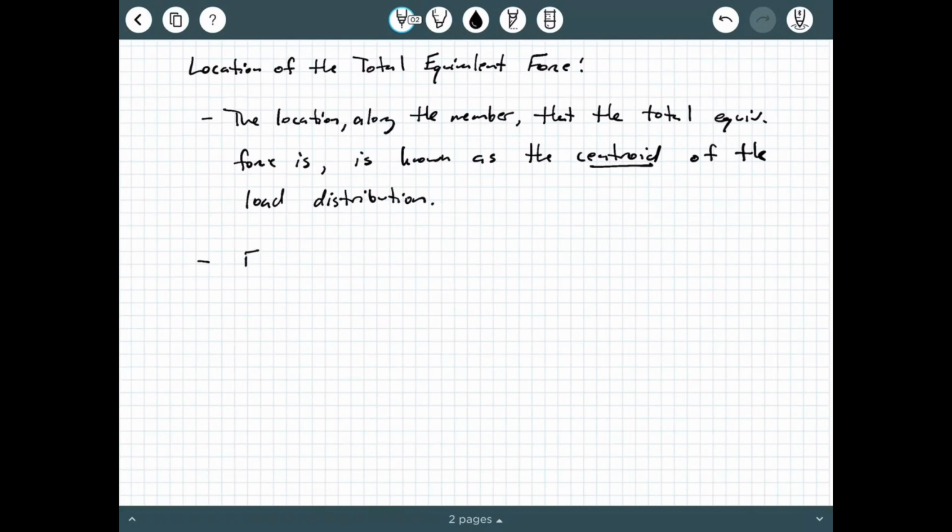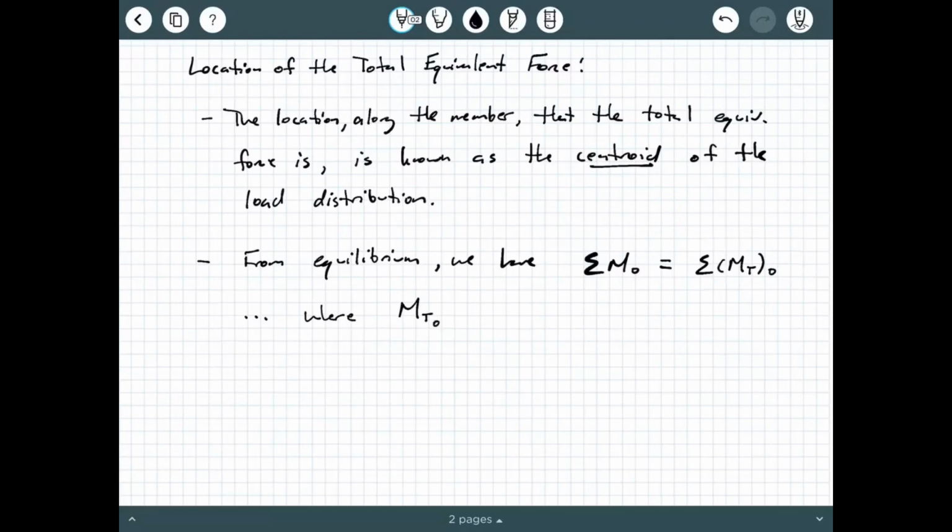So here's how we do that. We're going to say from equilibrium, we have the following: the sum of the moments about point O equals the total moment also about point O, where M sub T sub O is the moment due to the total equivalent load, capital F. So what we have to think about here is equivalent systems, which is what we've been discussing the past couple of days in some previous videos.